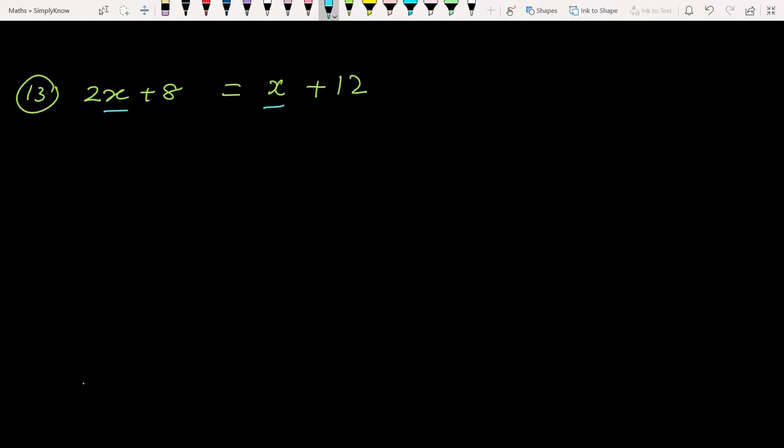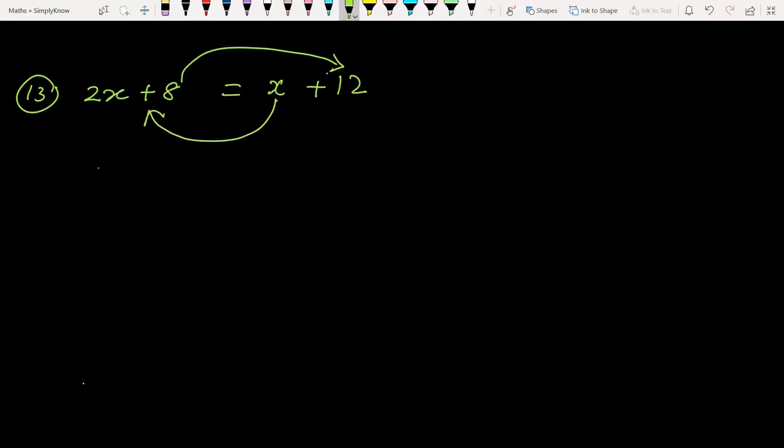Anyhow, these two are like terms, so we need to find the value of x. Now first what we do is we transpose this plus 8 to the other side, and at the same time I transpose this x to the left side. 8 to the right side, x to the left side.